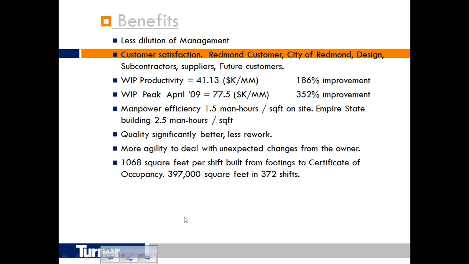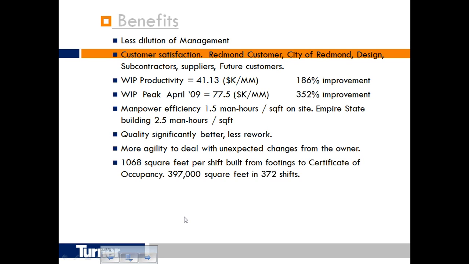So for some of the people back on the East Coast, New York productivity levels, just because of the cost of work back there, it's not applicable. But the bigger part of this is the 186% improvement or the 352% improvement in productivity on manpower, which is drastic with being able to do this.